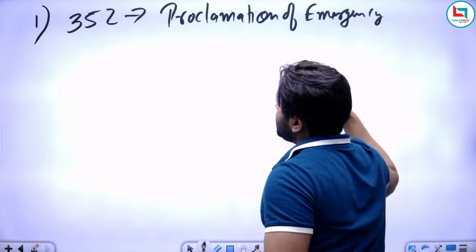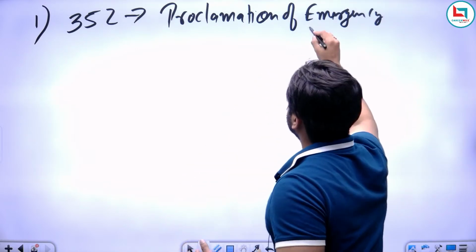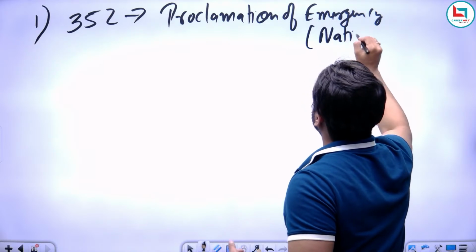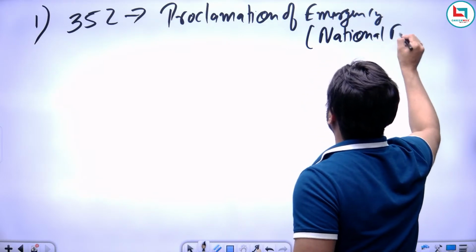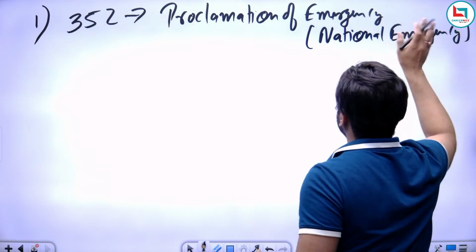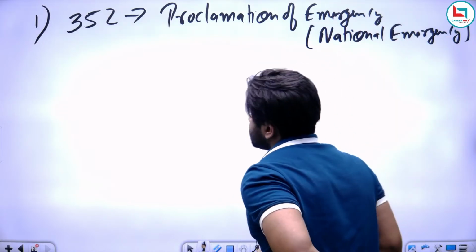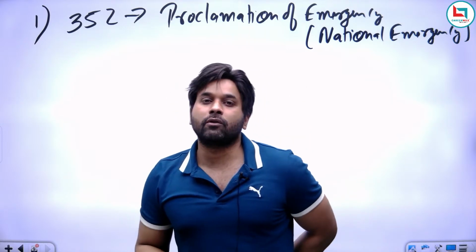We remember Article 352 as national emergency, but the term national emergency is not used in the constitution. In place of national emergency, it is proclamation of emergency. So this was about the name of this emergency.